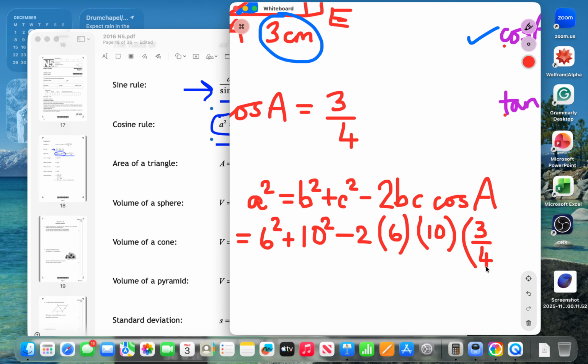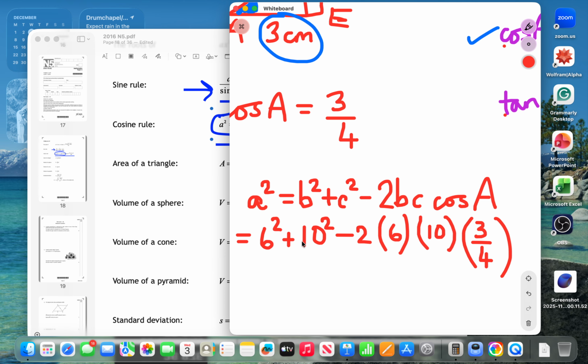And if you plug all of this into the scientific calculator, make sure to respect BODMAS in this one, so you have to make sure that you do 36 plus 100, and the 2 times 6 times 10 times 3/4 all has to respect your BODMAS.